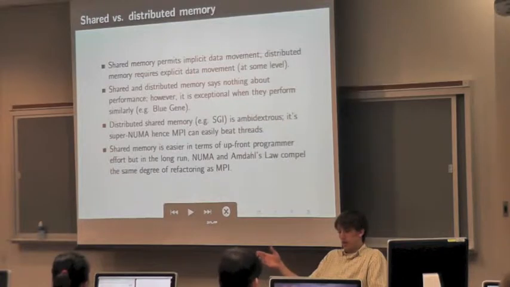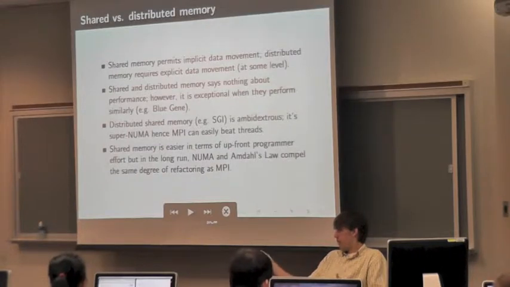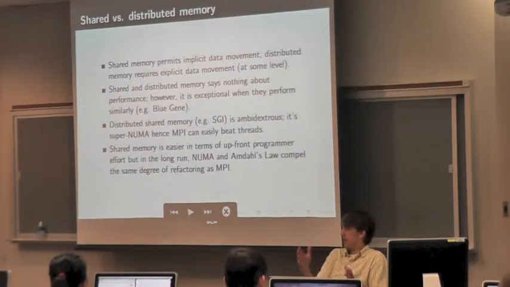I would argue that, based on the NUMA, you'll probably find MPI programs will run better on SGI than threaded programs, because most threaded programs are not designed to adapt to that level of NUMA.